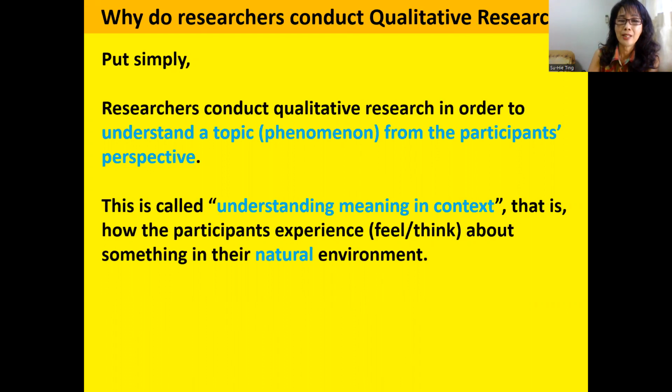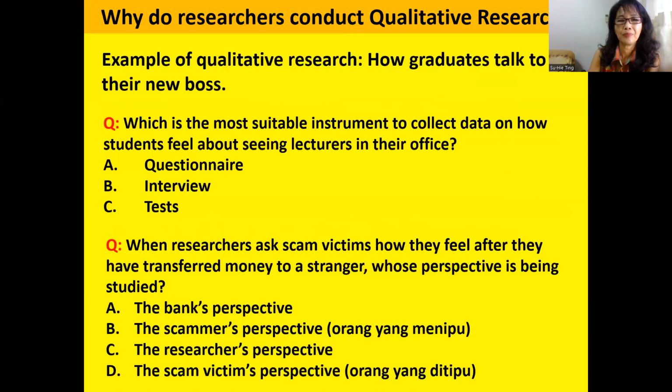So a qualitative researcher has to be interested in the participants, not just using them to collect data. Because if we have the right attitude, we want to understand how they think or feel or experience certain events, we are on the way to being able to extract their meaning or their understanding of things.